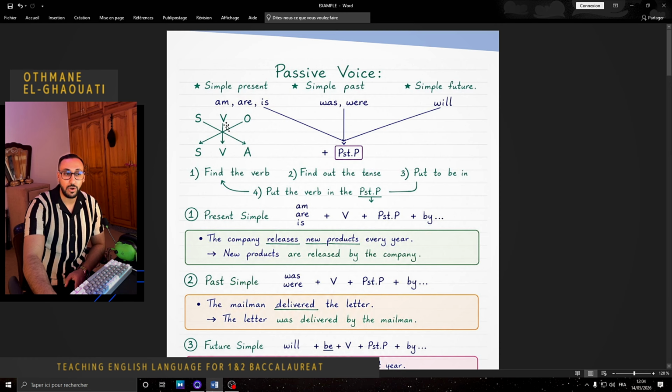And we have to know that the verb in the active sentence is always transformed into its past participle. So whenever you have a sentence to put in the passive voice, firstly you find the verb, and secondly you find the tense of that verb, and then you put to be in that tense, and then you put the past participle of the verb from the active sentence into the passive form.